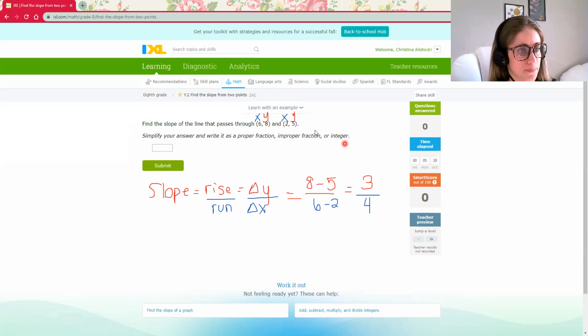No decimals. 3 divided by 4. Can I divide that and get a whole number? No. So now we need to see, can we simplify our fraction? Is there anything we can reduce it by? In this case, the least common multiple is 1. So this already is simplified, which means I can be done, and the slope between those 2 points is 3/4.